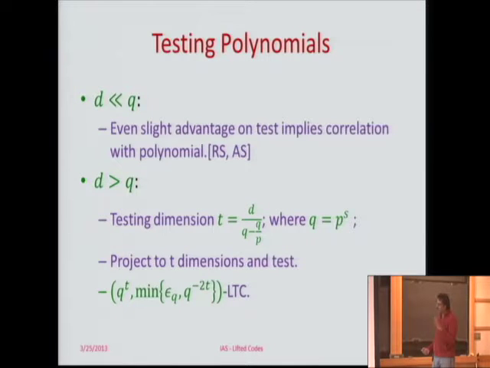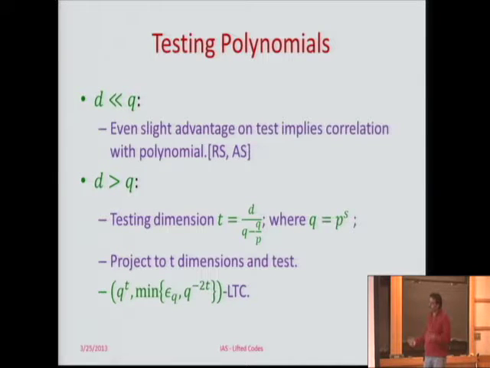It turns out now you have a new quantity called the testing dimension. I'll call it t, which is the degree divided by not q minus 1, which is what I had mentioned earlier, but q minus q over p, where if q is a field of characteristic p and p is a prime number, then that's the quantity that you divide by.